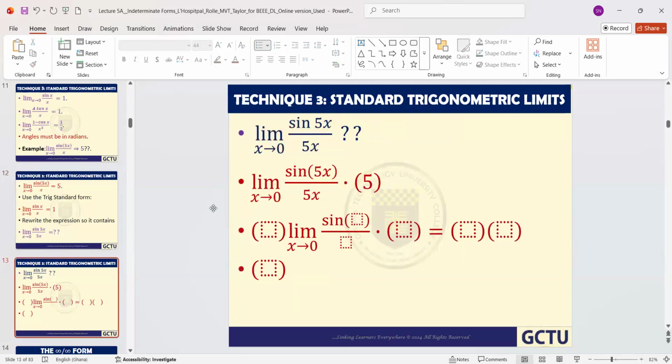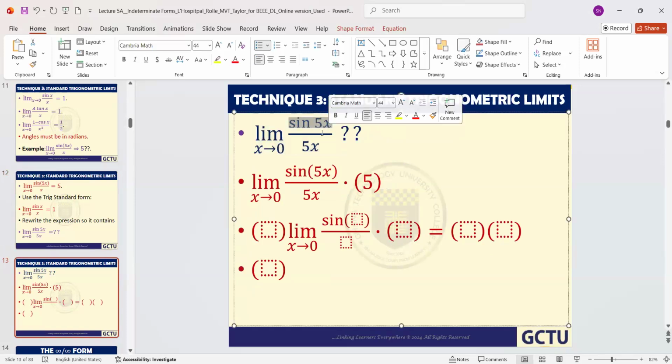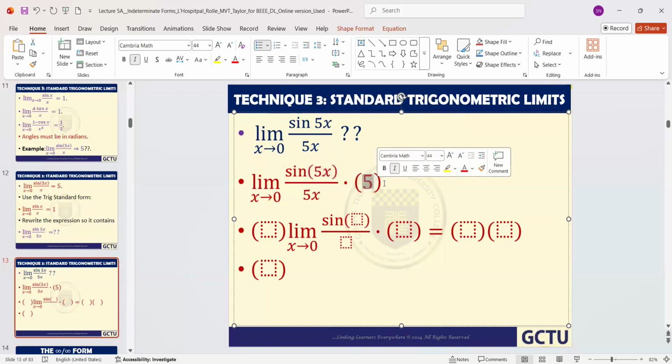So the trick is that when you are given the function and the argument, the angle of the sine function, is not equal to the denominator, then you must introduce a constant that can multiply the denominator so that it can look exactly like the argument of the trig function. Now, when we do that, you know that this 5 is a constant. 5 doesn't depend on x.